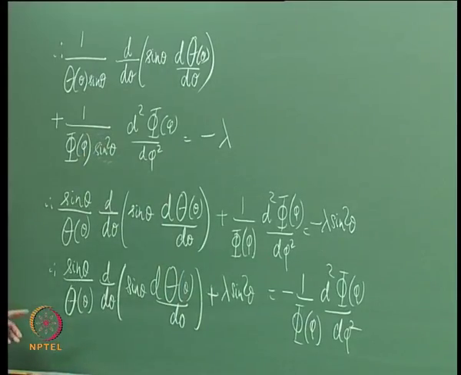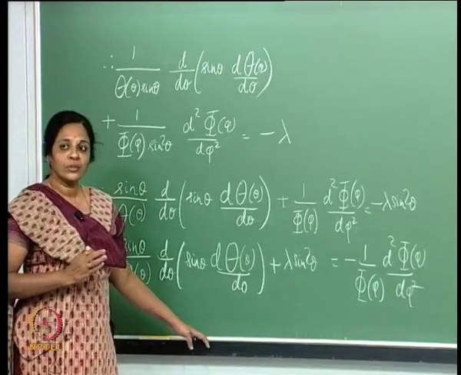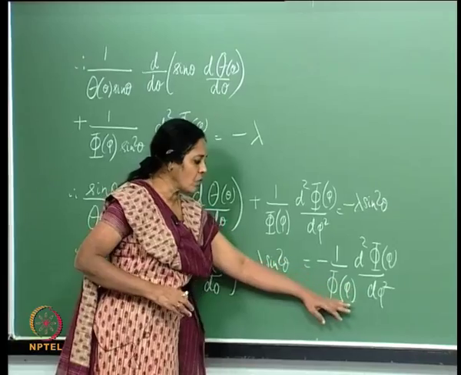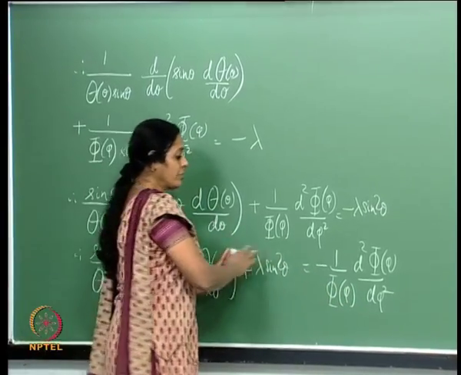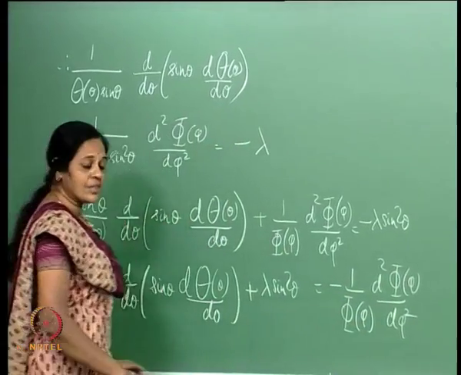It was here that I pointed out to you that this left hand side depends only on theta, the right hand side depends only on phi, and therefore if these two have to be equal, each should be equal to a constant.